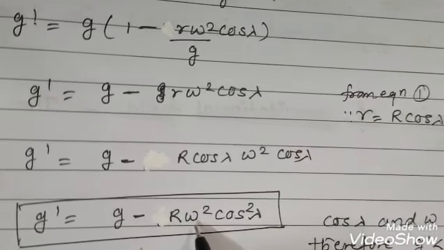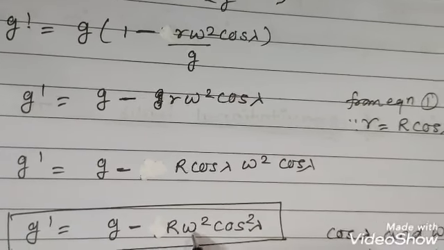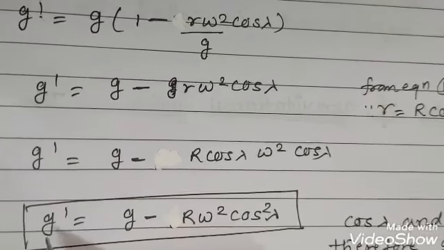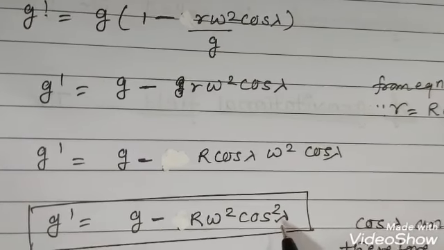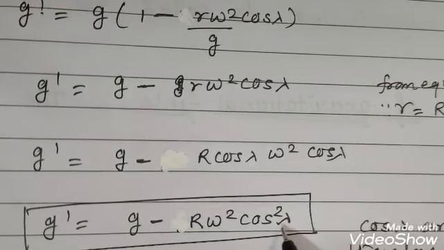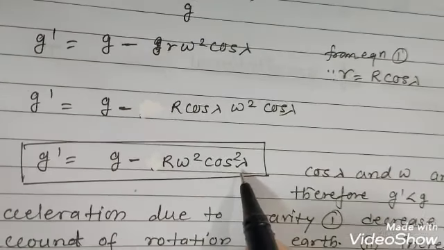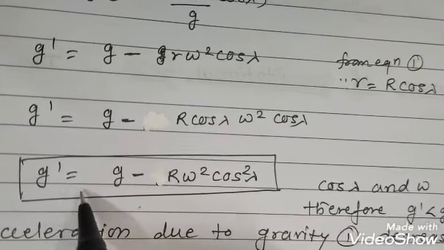So due to the angular speed of the earth, this quantity will change, that means g will change, and cos square lambda will change according to the latitude lambda, so the value of cos square lambda will also change, and so you will find the change in the acceleration due to gravity.